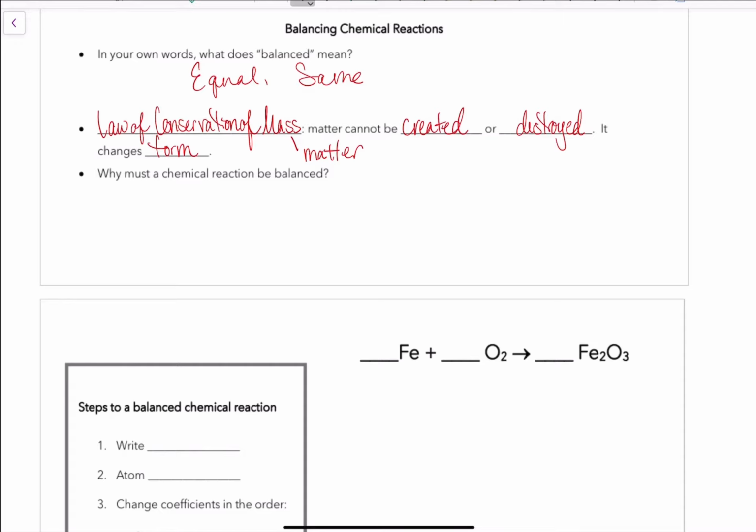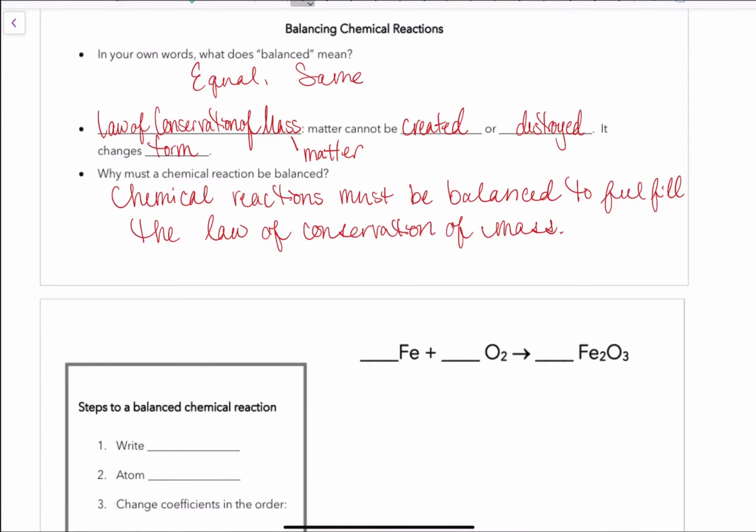So when we're looking at a chemical reaction, and if we're looking at the reactants versus the products, we should have the same number of atoms on each side. If we have somehow gained atoms, it looks like we've created matter, which we cannot do. Or if we have somehow lost atoms, it looks like we've destroyed matter. And even if you light something on fire, you have not destroyed the matter. It's just changed forms into something else. So we have to balance chemical reactions to fulfill the law of conservation of mass.